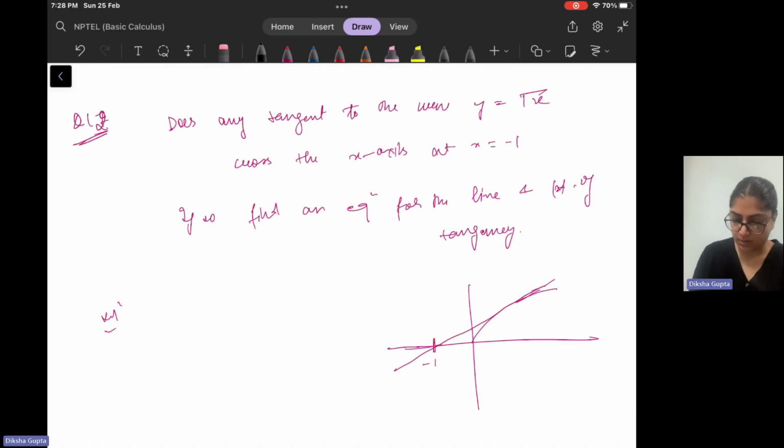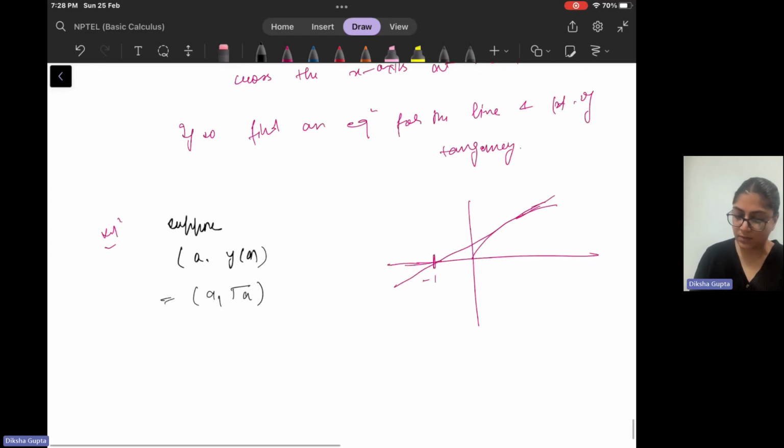So let's suppose the point is a comma y of a, which is a comma root a, through which the tangent to the curve y equals root x passes, crossing the x-axis at x equals minus 1.